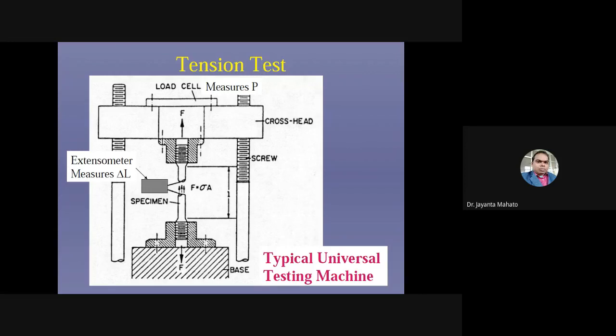In an extensometer control test, the input value is percentage per second, or just per second, meaning the increment of strain.